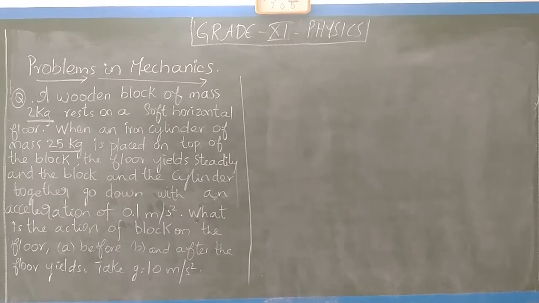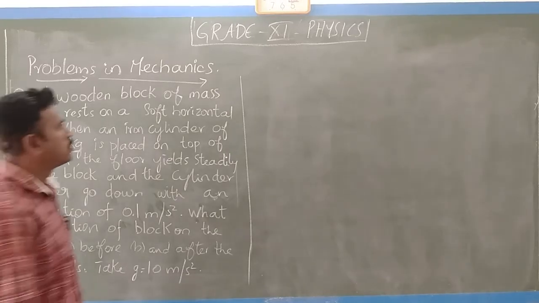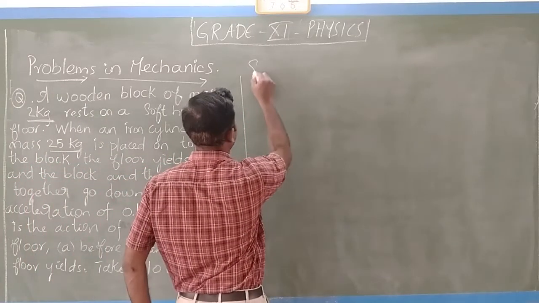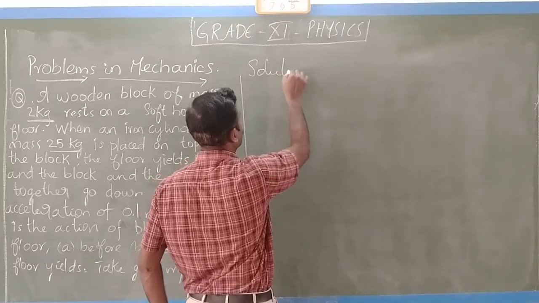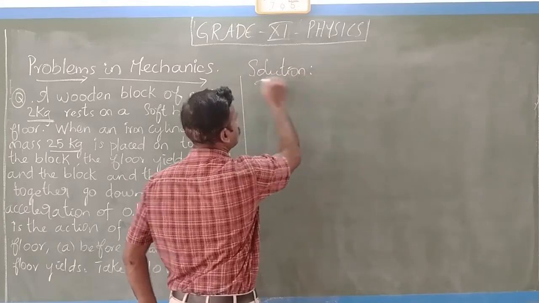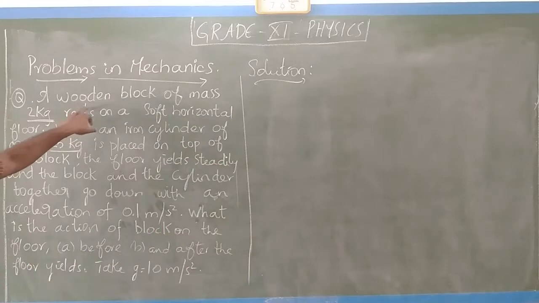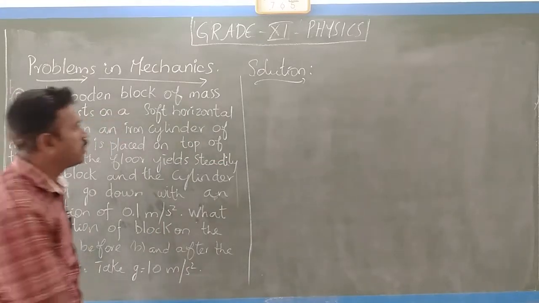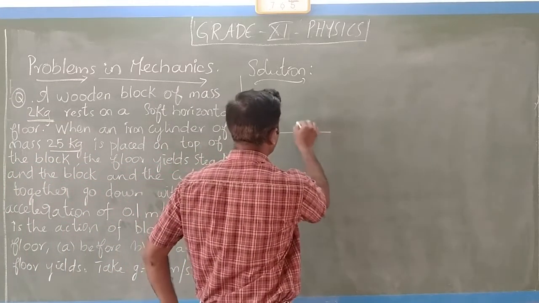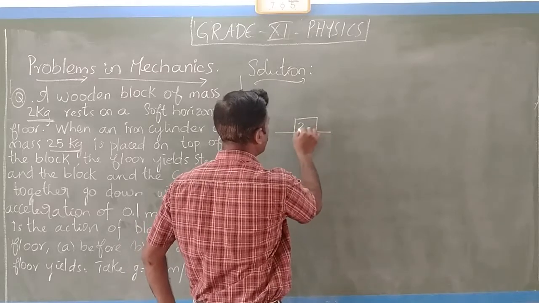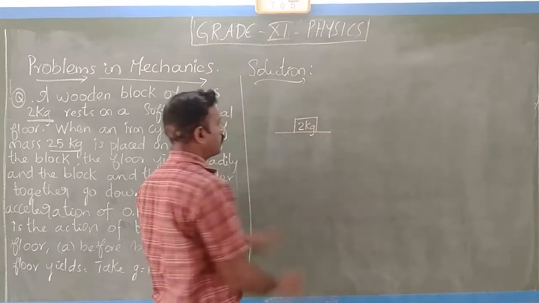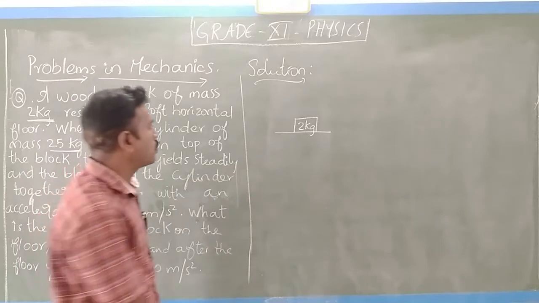So please follow this video with your pen and paper. So the solution is, I will draw a wooden block of mass M on a floor. So this is a block of 2 kg. Okay.